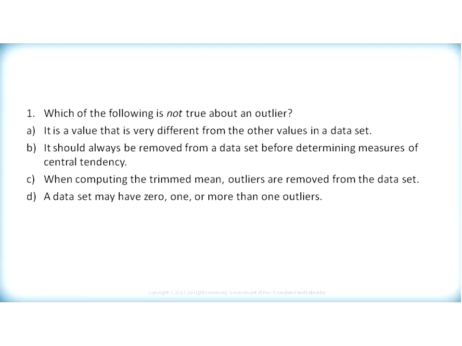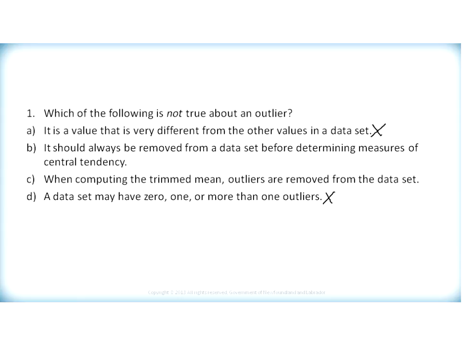Well, D is definitely a true statement. A data set may have none, 1, or more than 1 outlier, so it's not going to be D. We know for certain that we could have 0, 1, or many outliers. An outlier is a value that is very different from the other values in a data set.